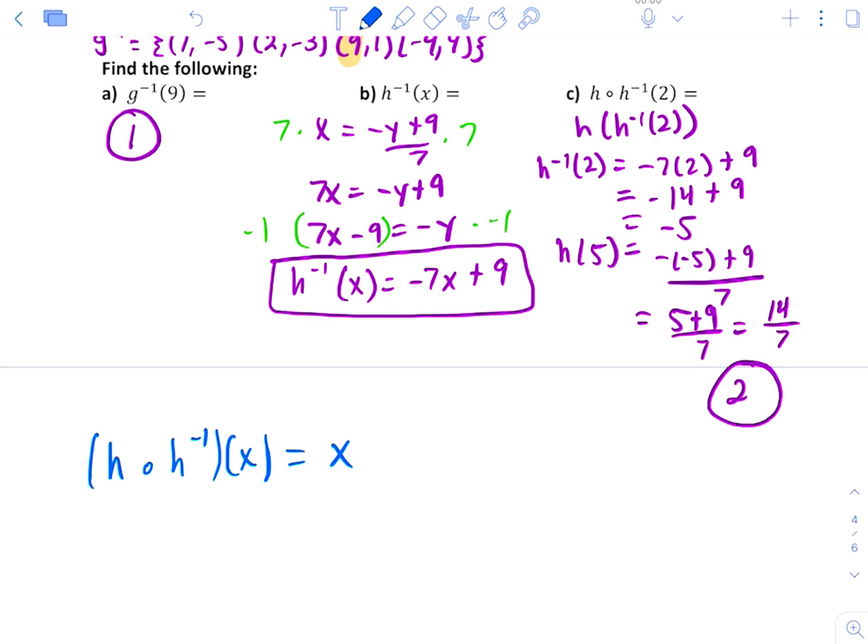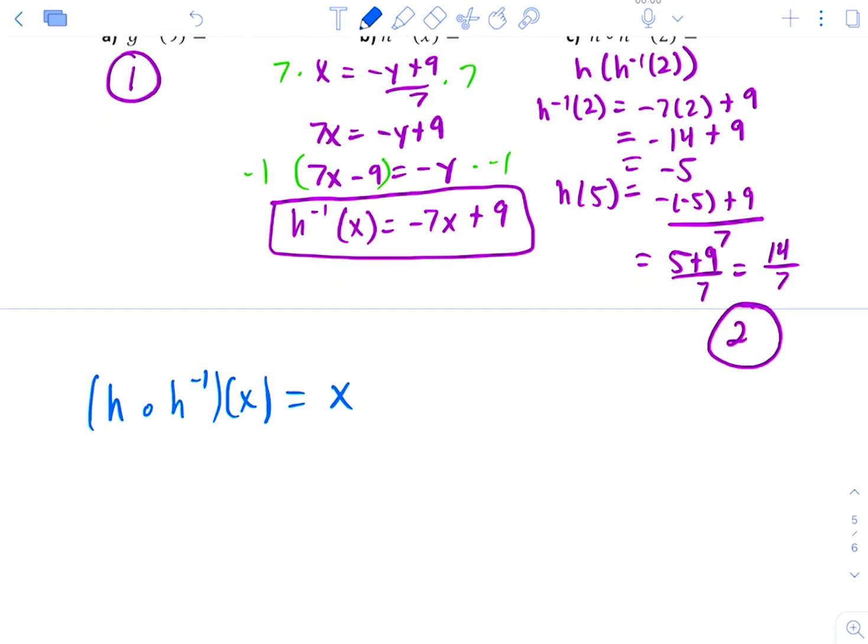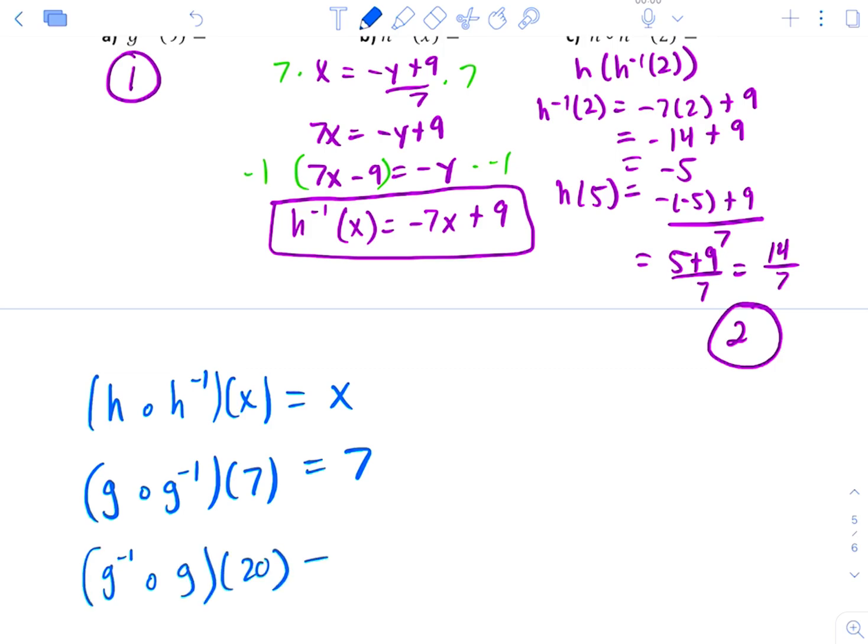So if, without even knowing what my functions are, you were asked to do g of g inverse of 7, my answer to this would be 7. So anytime you have something like this, or the reverse of it, so if I was doing g inverse of g of 20, my answer would be 20 for that.